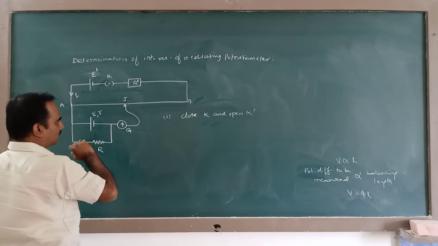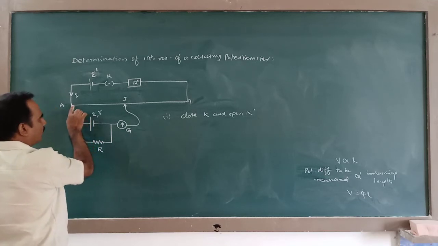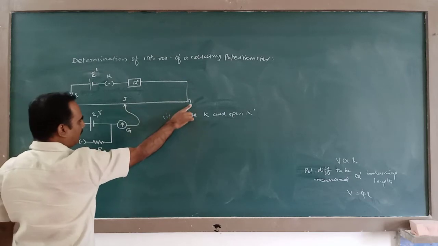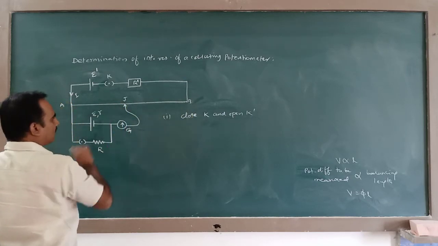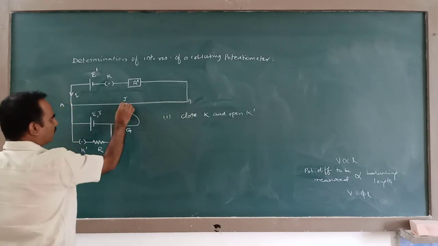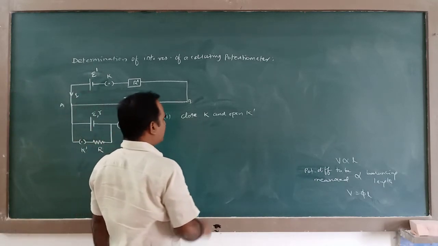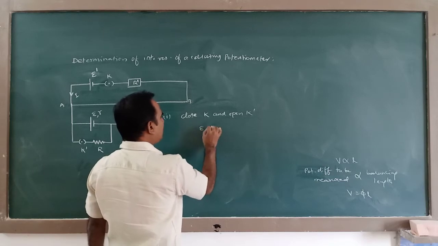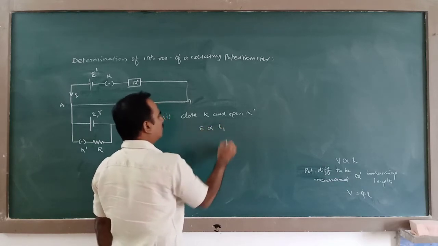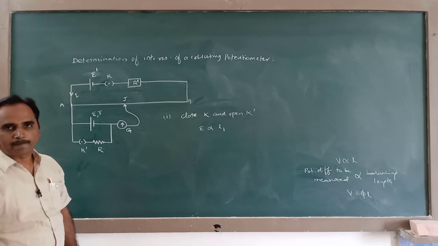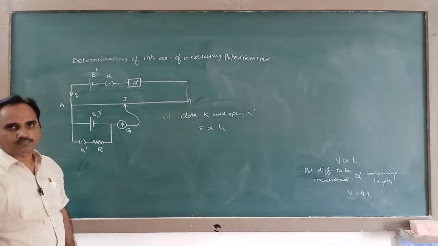Once you get the opposite deflection, you keep on moving the sliding contact on the wire from end A towards end B. At some point you will get the balancing point. You note down the balancing length L1. So this E is proportional to L1. Understand?